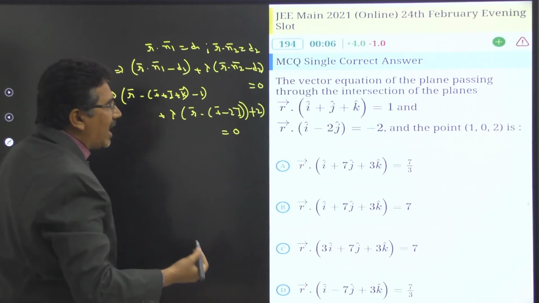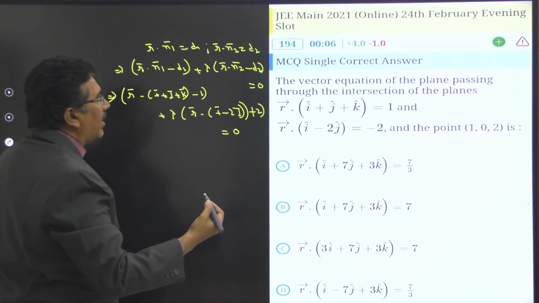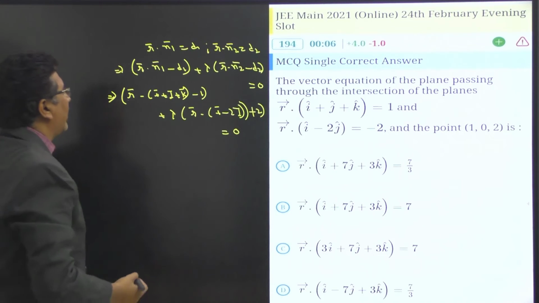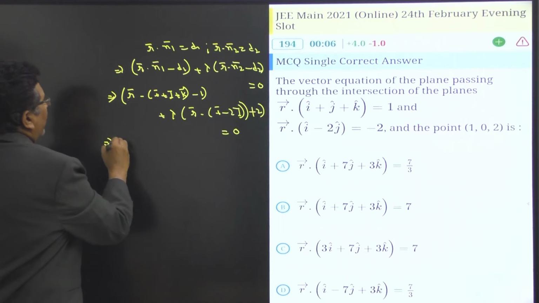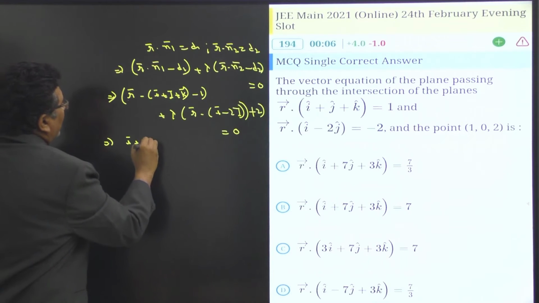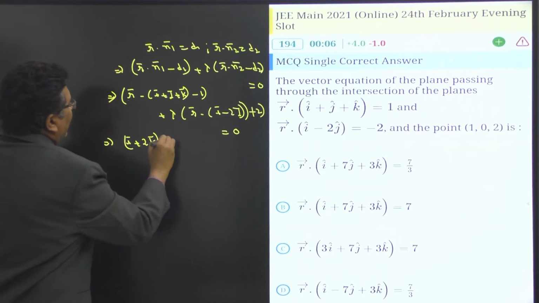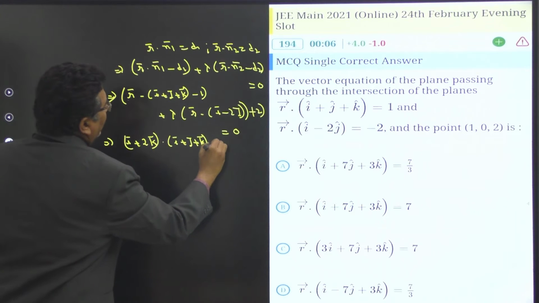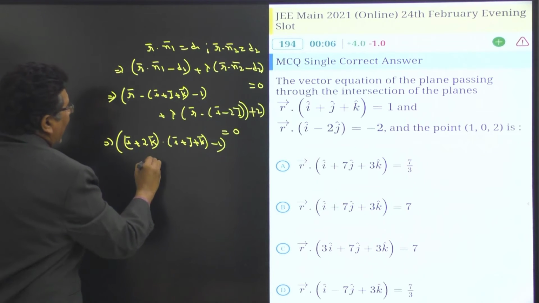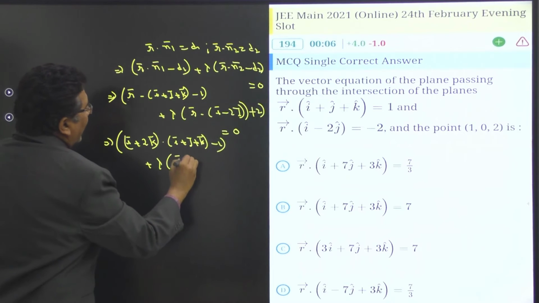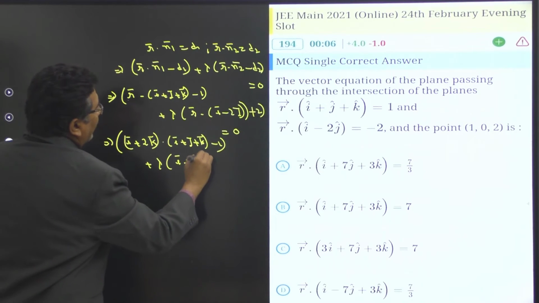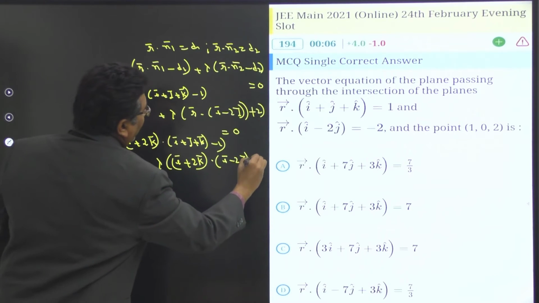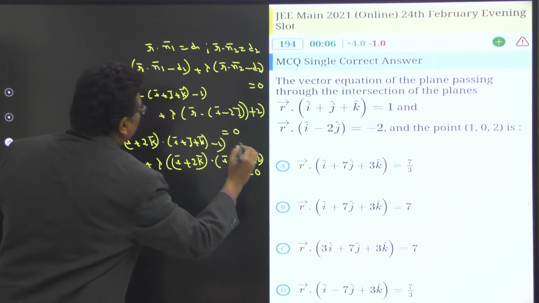Substitute in place of R bar 1 comma 0 comma 2, that means I bar plus 2k bar. That implies I bar plus 2k bar dot I bar plus j bar plus k bar minus 1, plus lambda into I bar plus 2k bar dot I bar minus 2j bar plus 2, is equal to 0.